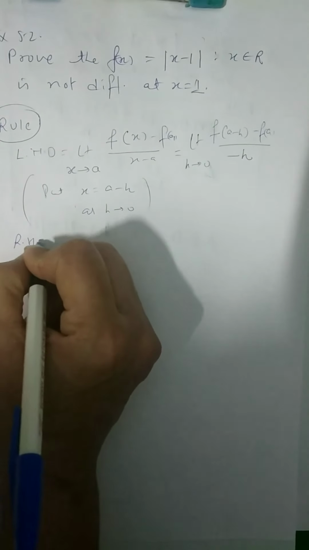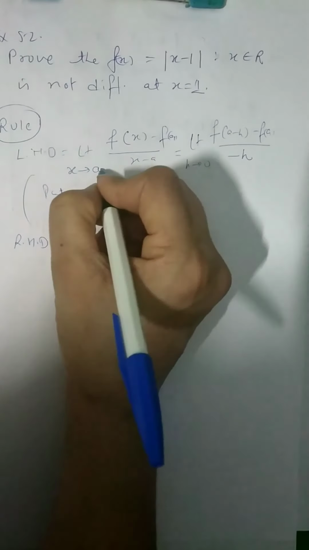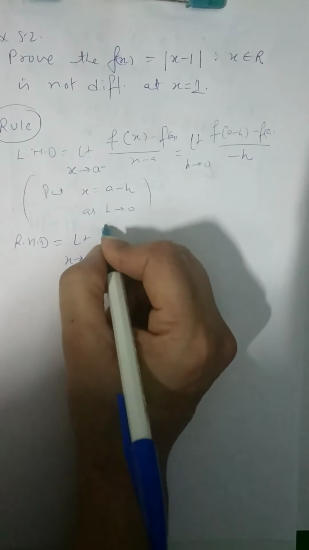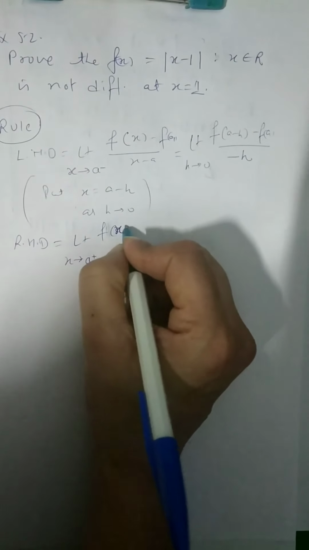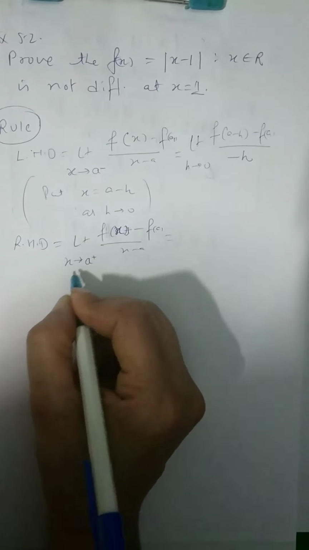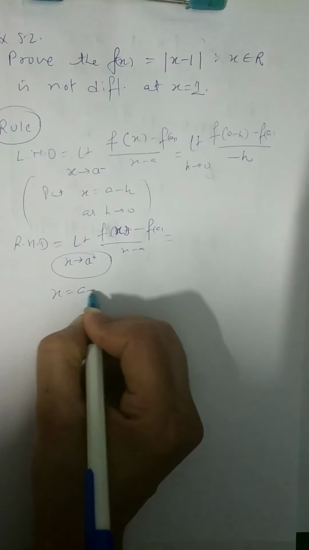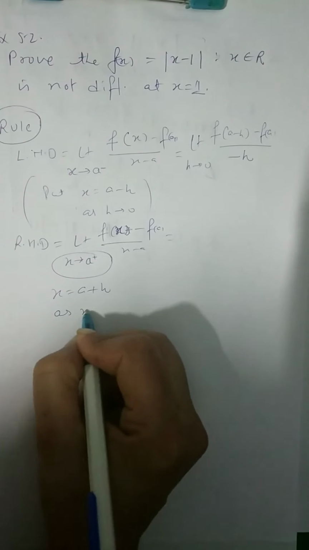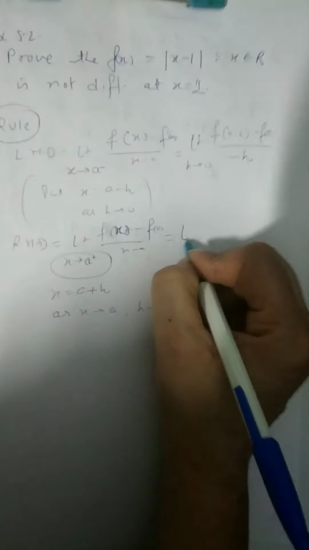Similarly, for the right hand derivative we have x approaching a from the right, again (f(x) - f(a)) / (x - a). Here, because x approaches a plus, you put x = a + h, and as x approaches a, h approaches 0.